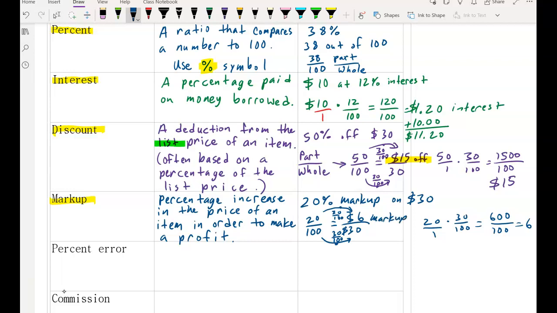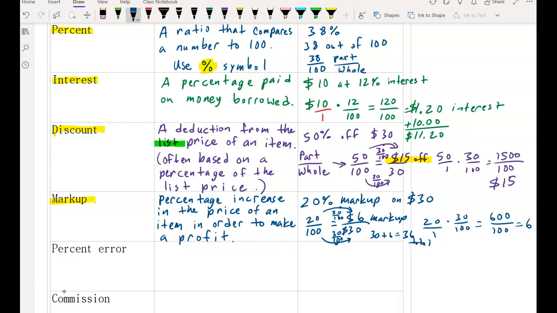So how much would they sell that item for? Well, we'd have to add the $30 to the $6, and that would be $36. So they would sell that item for $36 total with the $6 markup.